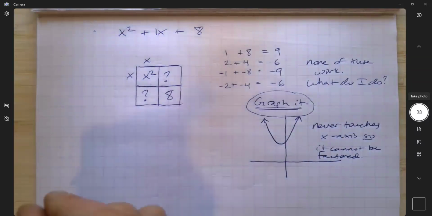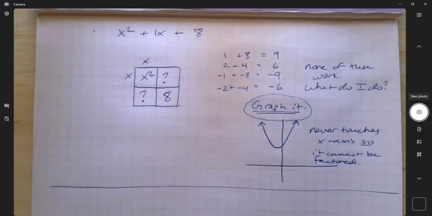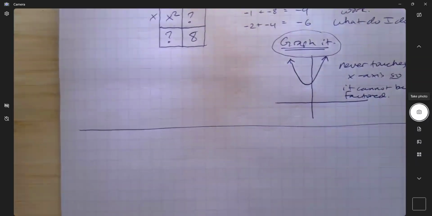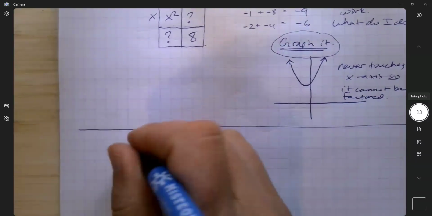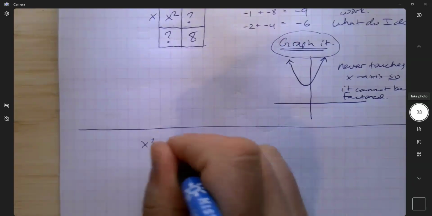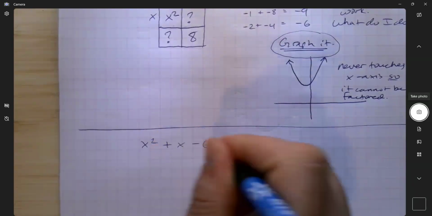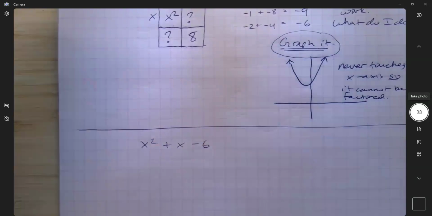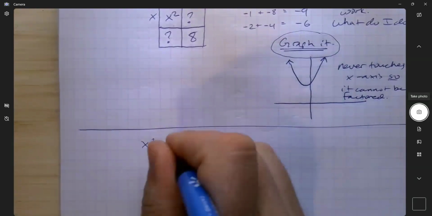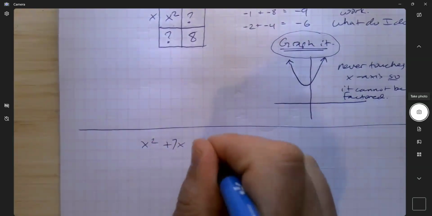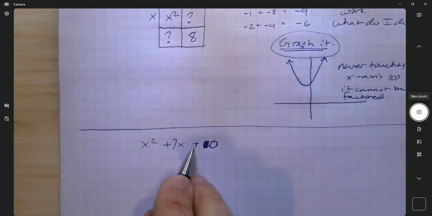All right, so I've showed you basically the four different types of quadratic expressions. We have x squared plus 7x plus 10, where it's all addition.